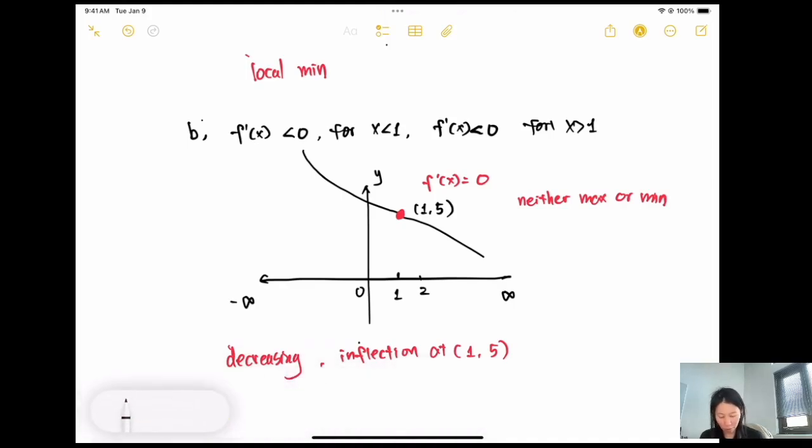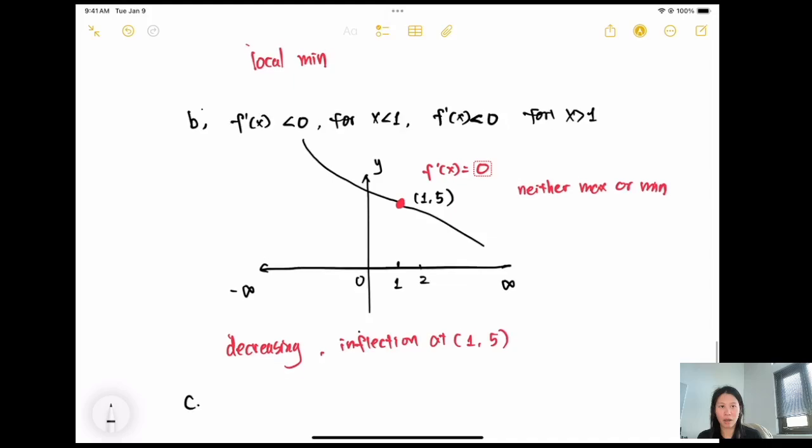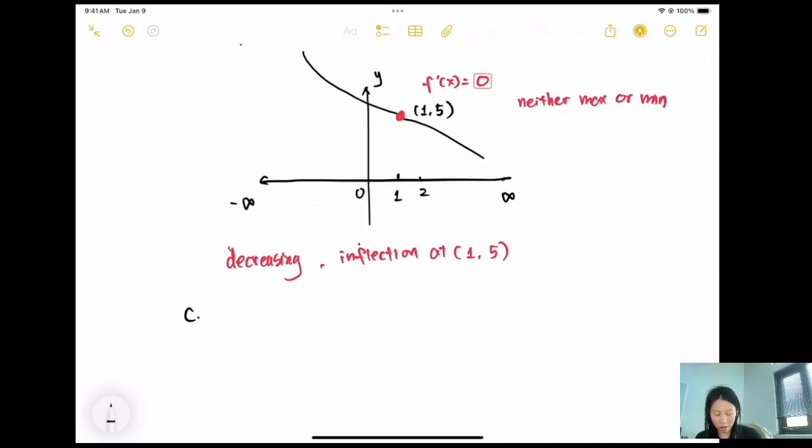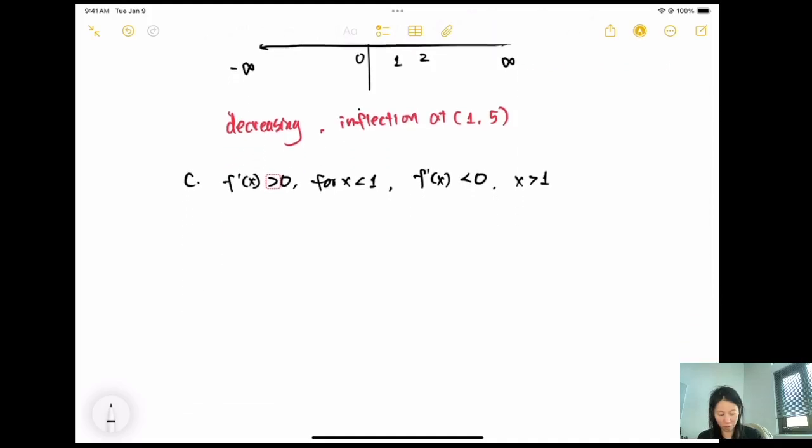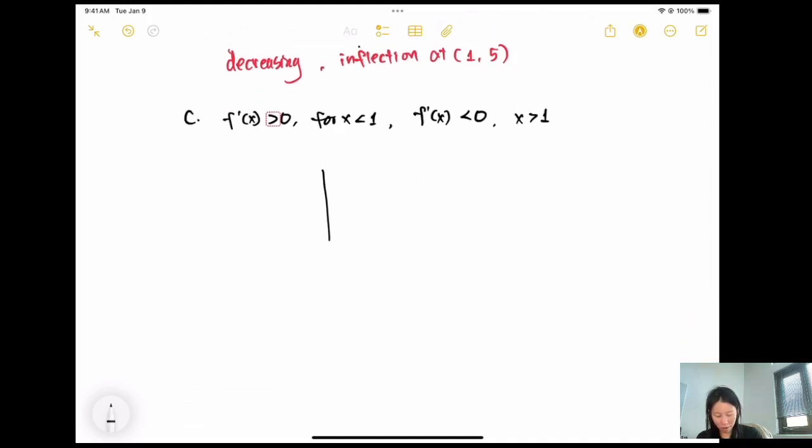That's all we know. Okay, C tells us that f prime of x is greater than 0 for all x less than 1, and f prime of x is less than 0 for x greater than 1. Again, we can draw the graph.